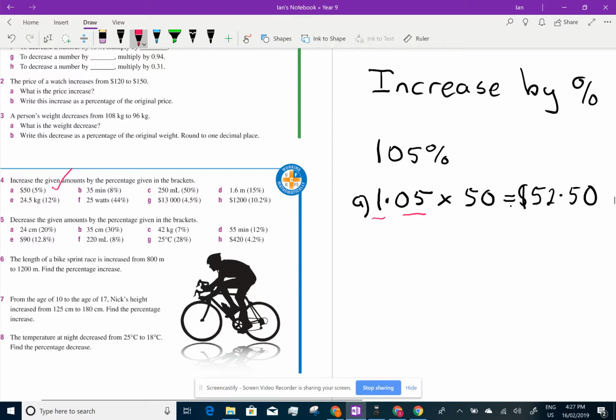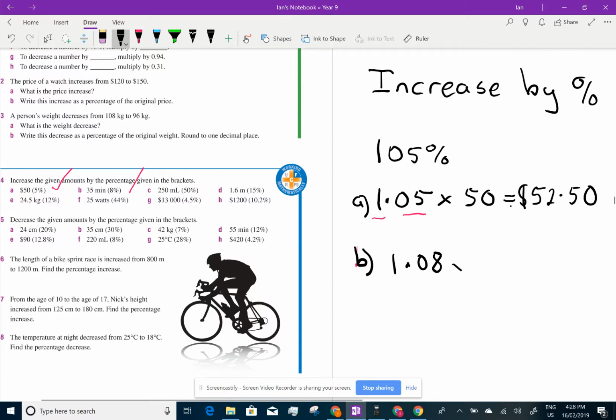I want to do another one, and then you see if you can do it. So have a look at this one. Increase 35 by 8%. Well, 100 plus 8 is 108. I do that in my head. Now, 108% as a decimal is 1.08.